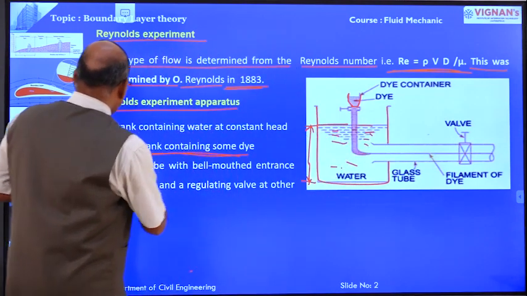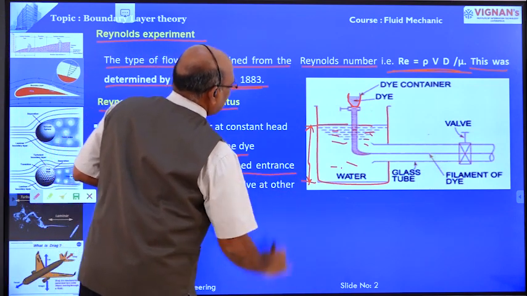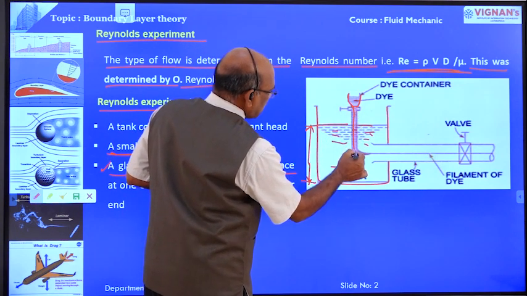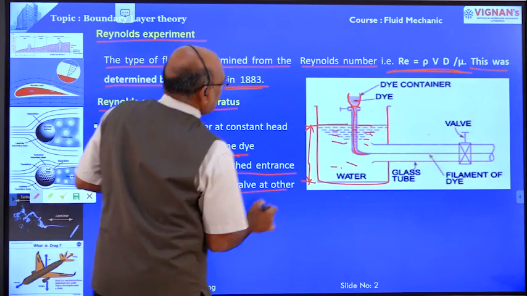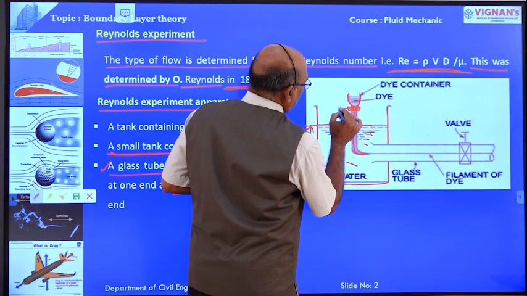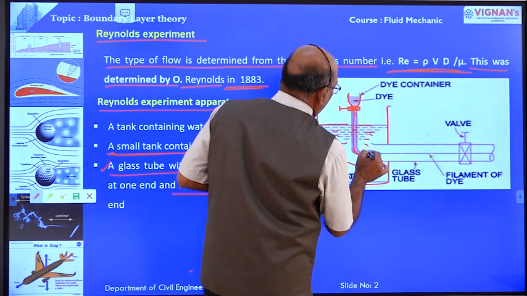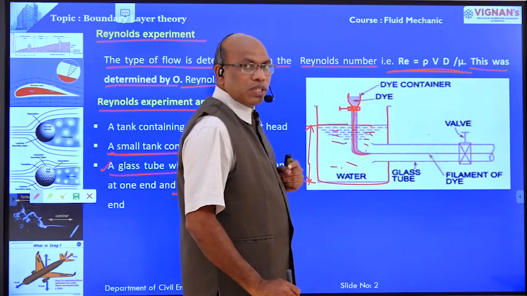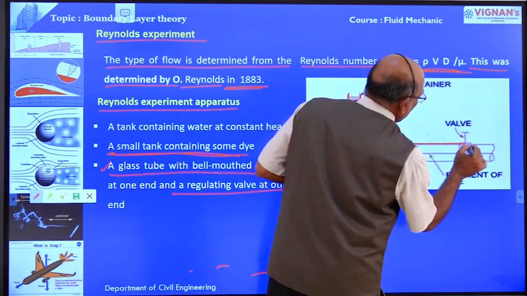Another component is a glass tube with a bell-mouthed entrance at one end and a regulating valve at the other end.